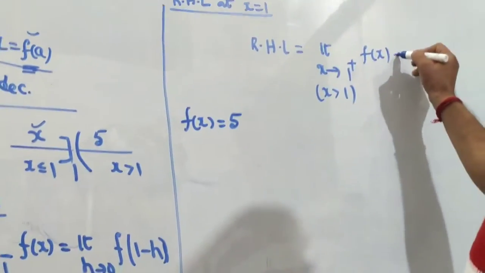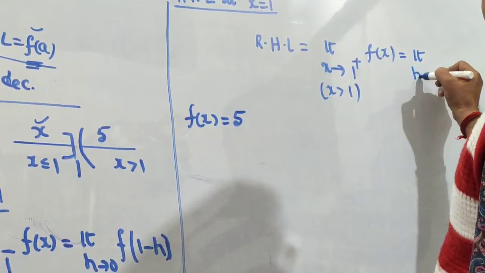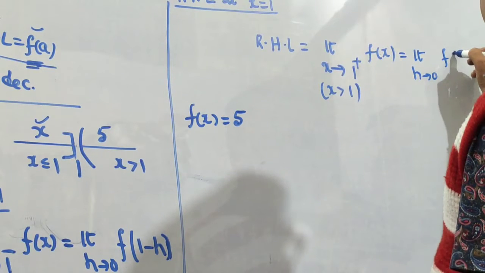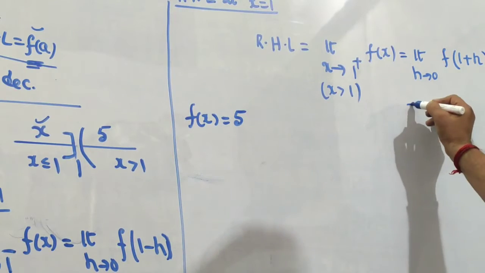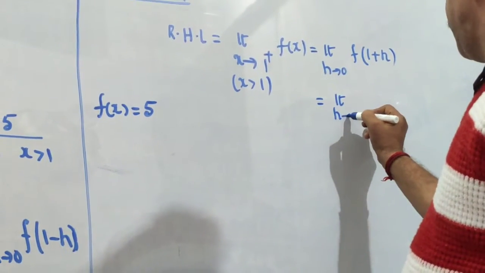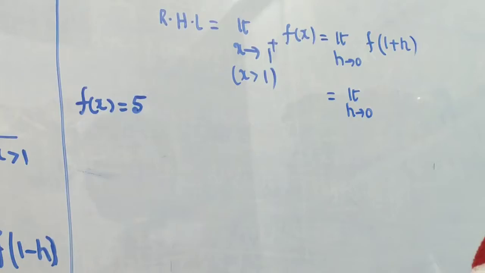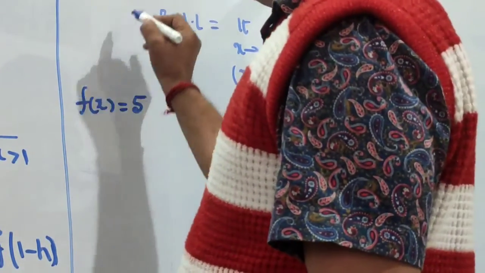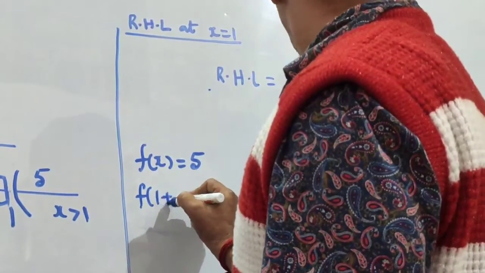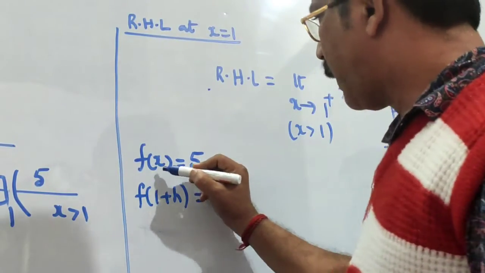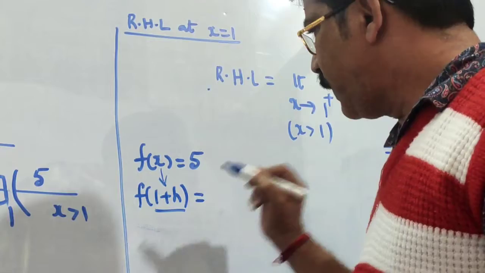Then the formula is limit h tends to 0 of f of a plus h. What is f of 1 plus h? Instead of x, write 1 plus h.